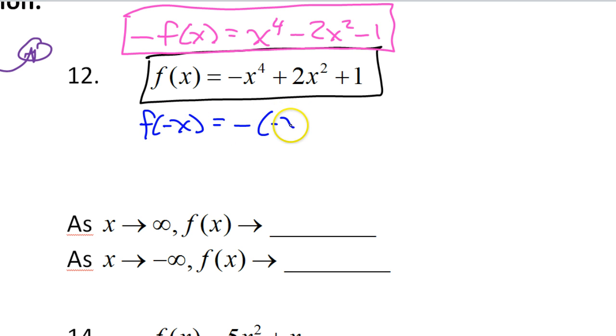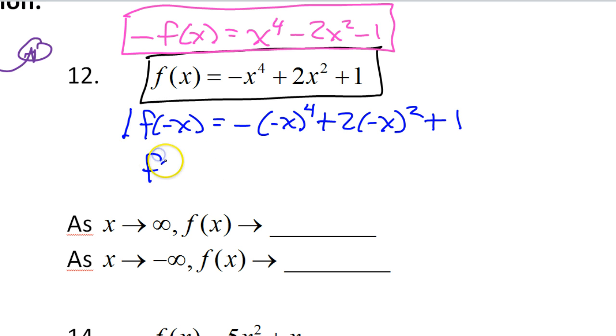So that would be like this. Oh, let me actually do it. When you raise a negative to an even power, the negative goes away. So this will just be negative x to the fourth power. This negative goes away, so it'll just be 2x squared. And then I've got the plus 1.